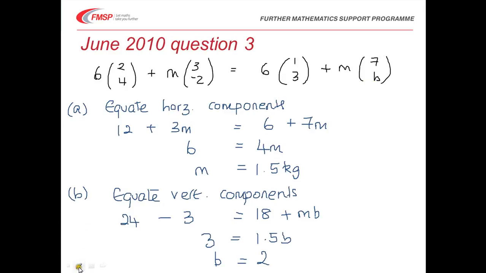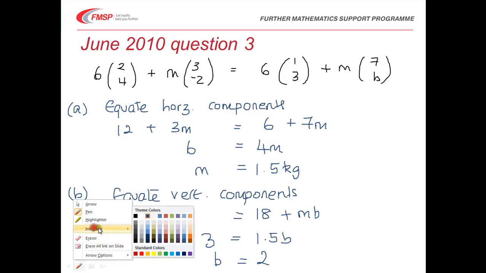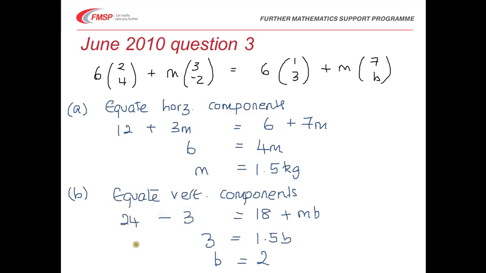So if we look at how the marks were awarded for that question, basically you're getting a method and an accuracy mark up here for writing out your momentum equation using that total momentum is conserved. You're getting an accuracy mark here for equating the horizontal components, and another one for finding the mass.